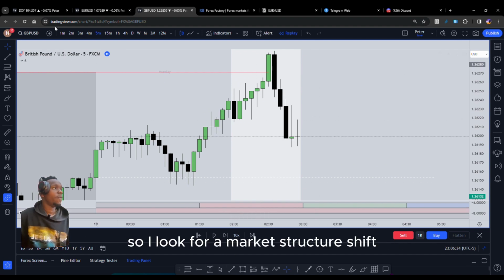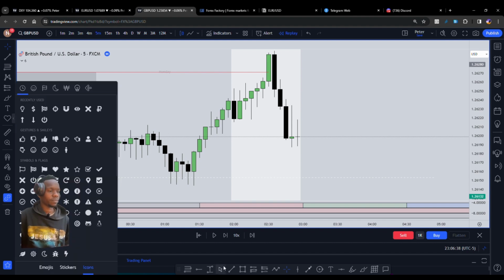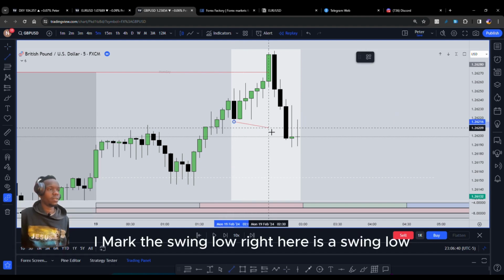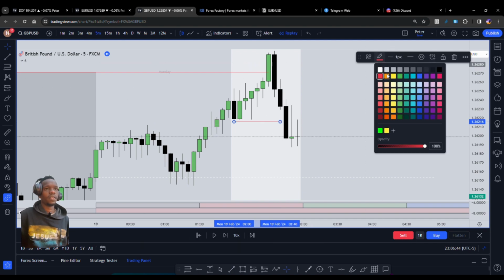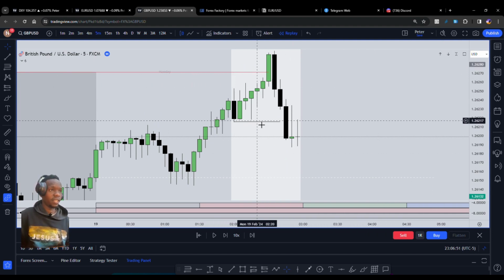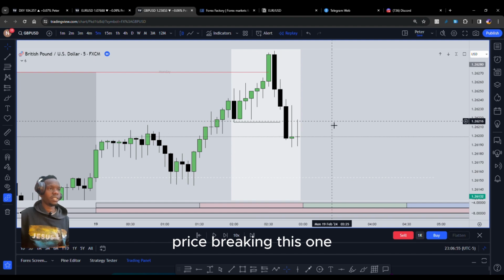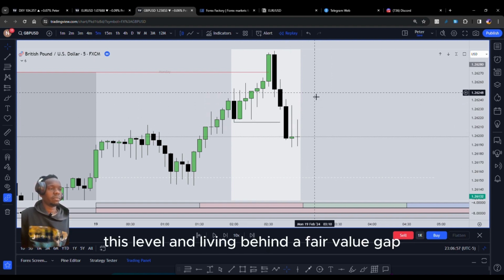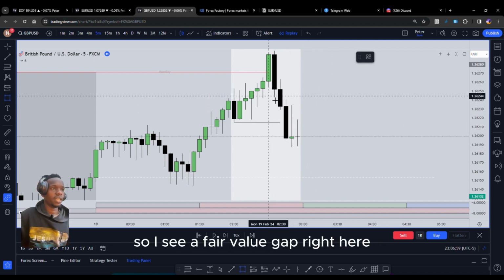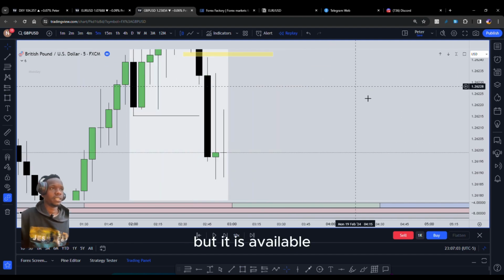So I look for a market structure shift. So I mark the swing low right here. You can mark it with black. So this is a swing low here. So ideally, I would love to see price breaking this level and leaving behind a fair value gap. So I see a fair value gap right here, tiny fair value gap, but it is available.